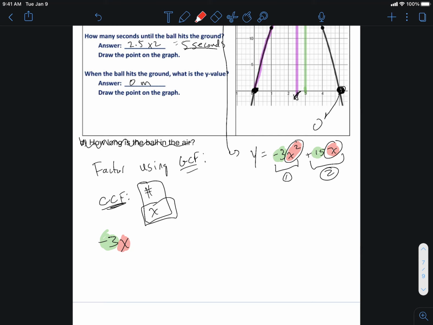If you were to factor this using your greatest common factor, that simply means tell me what's left after you remove that greatest common factor. You've identified that the greatest common factor is -3x. So you remove it, and you're left with something on the inside. The something on the inside is what happens when you divide both of these terms by your greatest common factor.